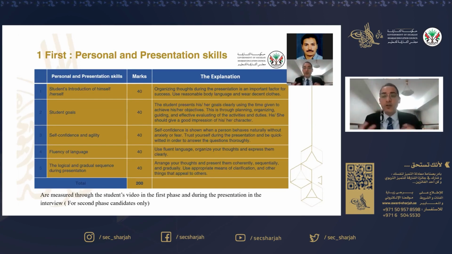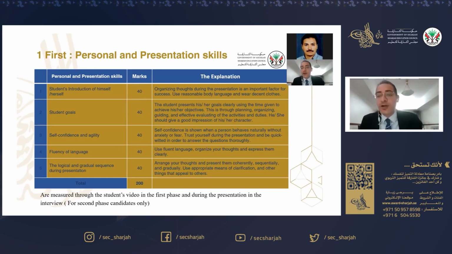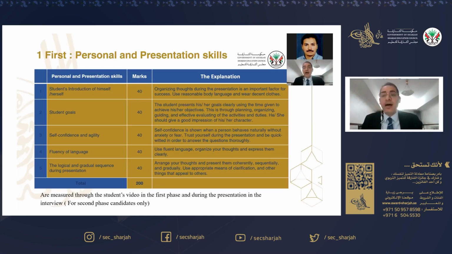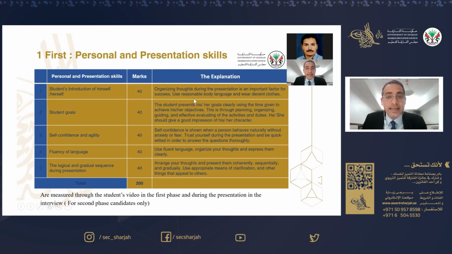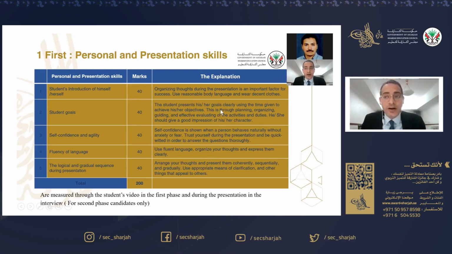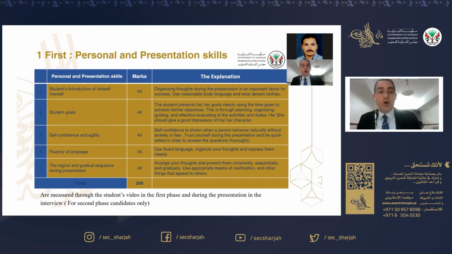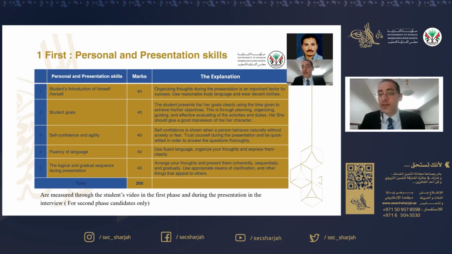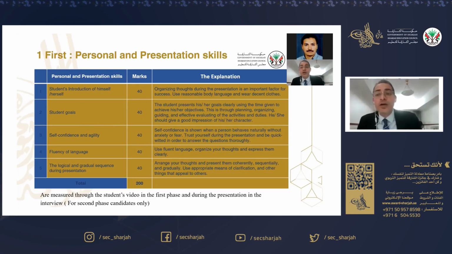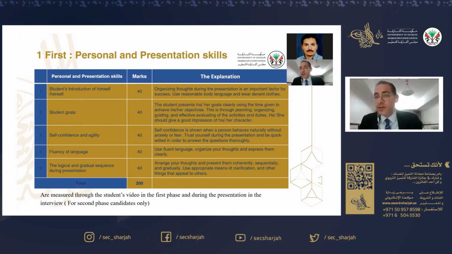So I need to see good presentation skills. How do I do this? How do I ensure that my presentation, the content and the presentation skills, are good enough? I strongly suggest that you read the explanatory guide. You read the indicators. I want you to introduce yourself, to tell me who you are and why you want to participate in this award. What are your long-term goals and what are your short-term goals?